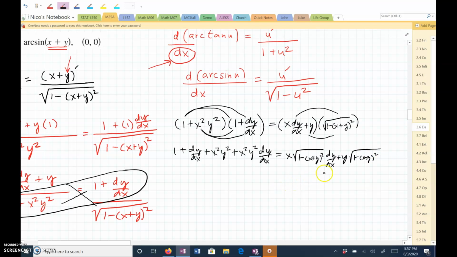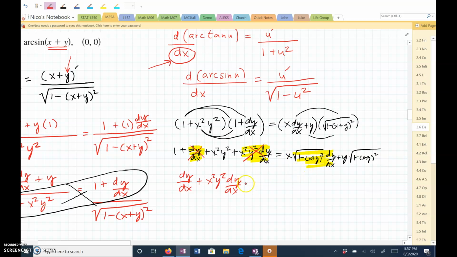Okay, so next I need to get all the dy/dx's on the same side. So I got a dy/dx there, dy/dx there, dy/dx here. So what I'm going to do, I'm going to write dy/dx here plus x squared y squared dy/dx.